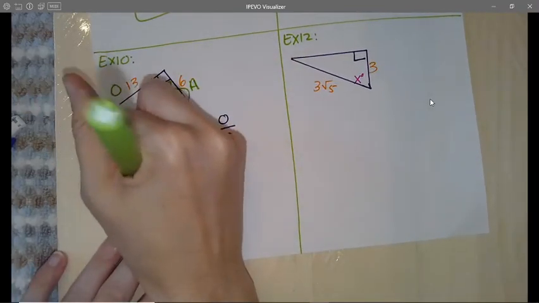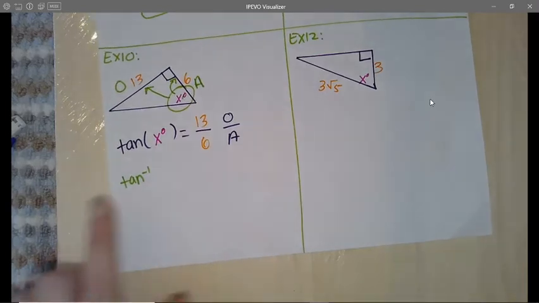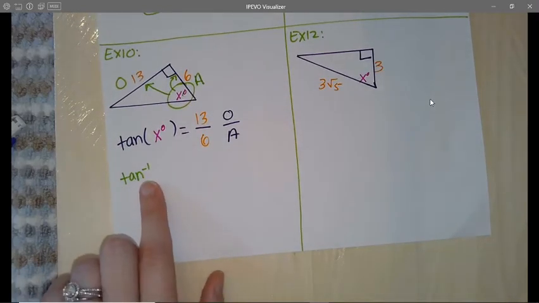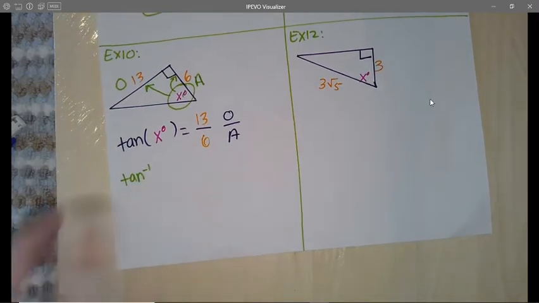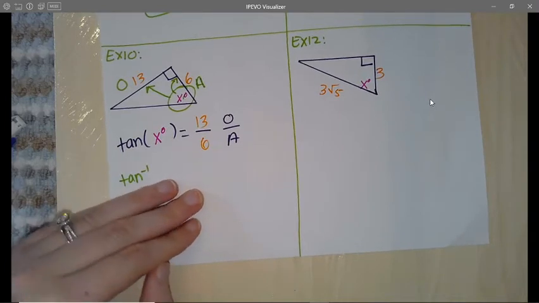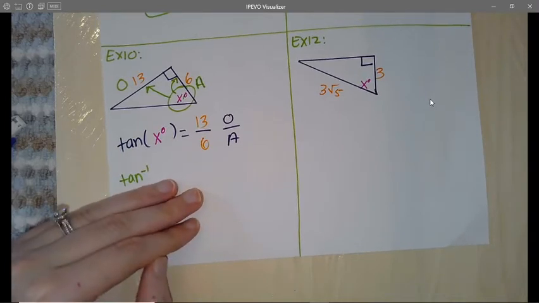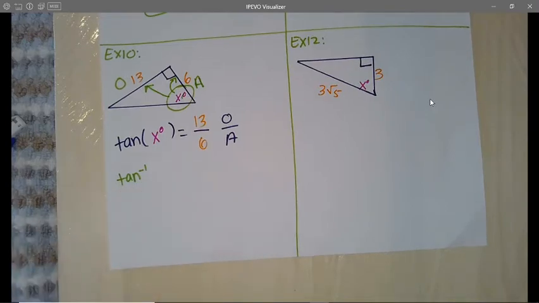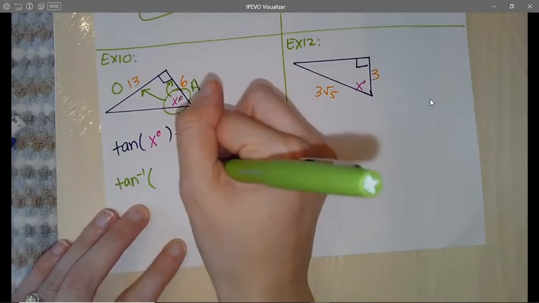Remember, the way we write inverse is to raise it to the -1. We're not actually raising anything to the -1. It's just our fancy notation for inverse tangent. So instead of writing inverse tangent, I'm going to write tan to the -1, and I'm going to take the inverse tangent of both sides.